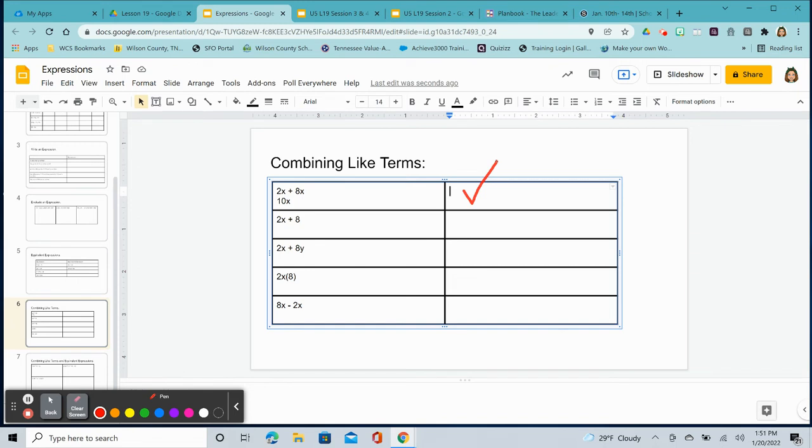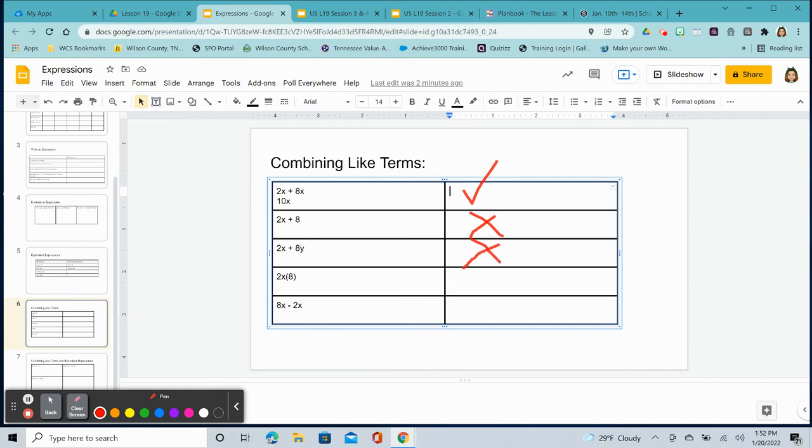Then looking at the next one, 2x plus 8. Well, there's two terms. 2 has an x, but 8 does not have an x. So those cannot be combined. Those are not like terms. Then we have 2x plus 8y. They both have variables, but the variables are not the same variable. So those are not like terms.